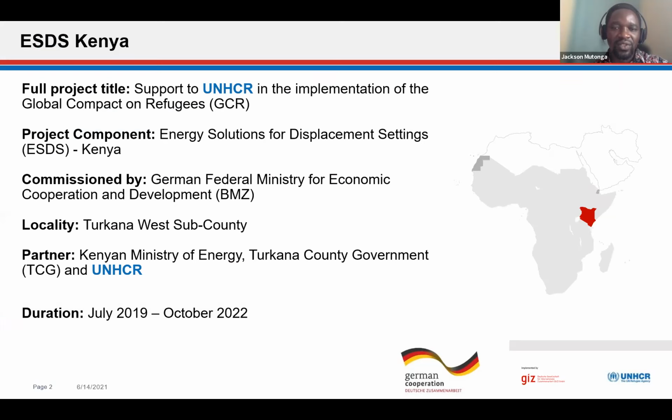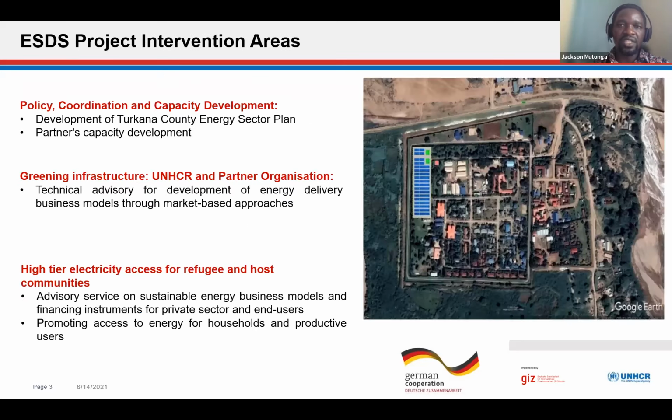For the Kenyan component, we are implementing it in collaboration with the Ministry of Energy, the Turkana County government, which is the regional government hosting the refugees in Kakuma and Kalobeyei, and also UNHCR offices, running from July 2019 and closing in October 2022. This project has 3 intervention areas, basically 2, but split into 3 sections.